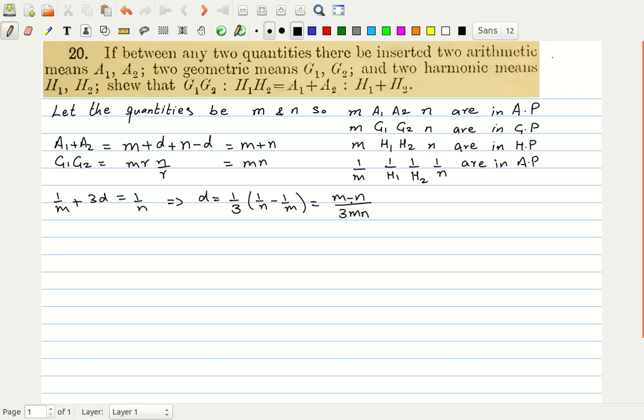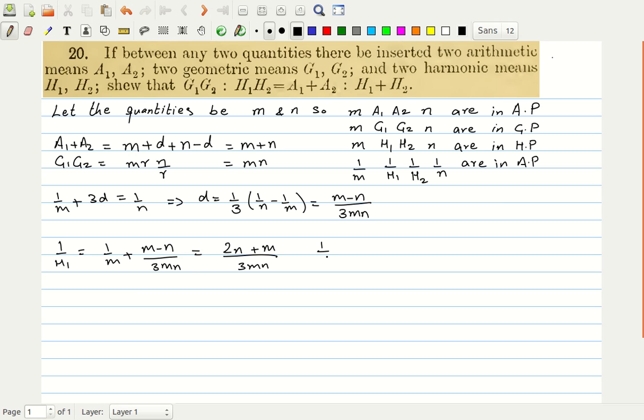So we know what is the value of d. We can find out what is 1 by h1. 1 by h1 is going to be 1 by m plus the common difference, which is m minus n divided by 3 times mn. This is equal to 3n minus n, so this is 2n plus m, divided by 3mn, right?